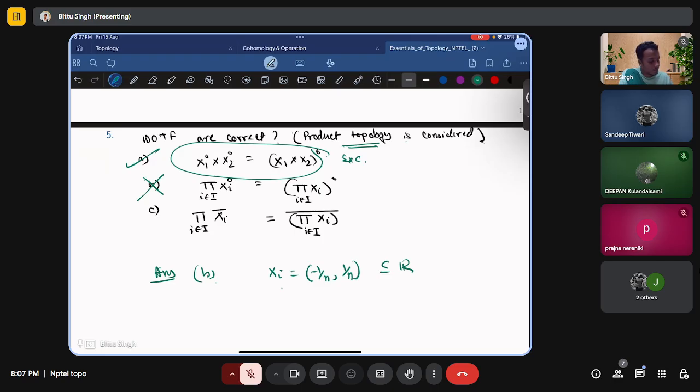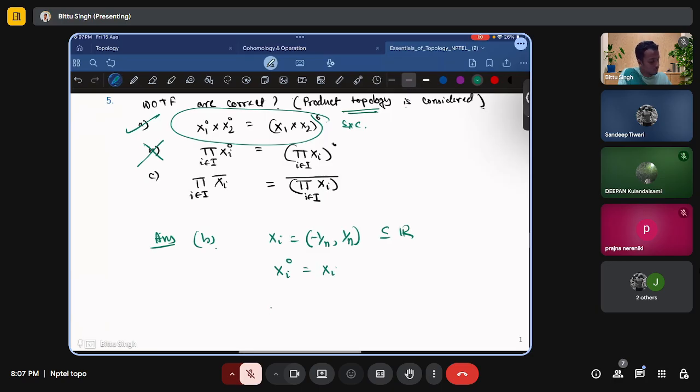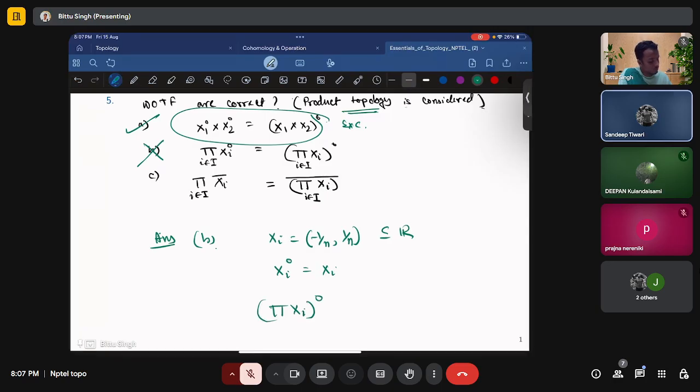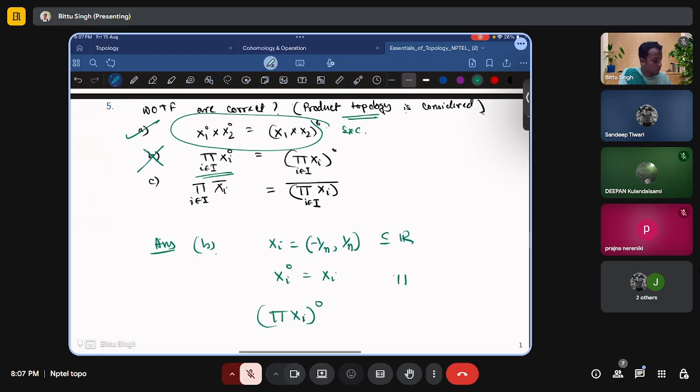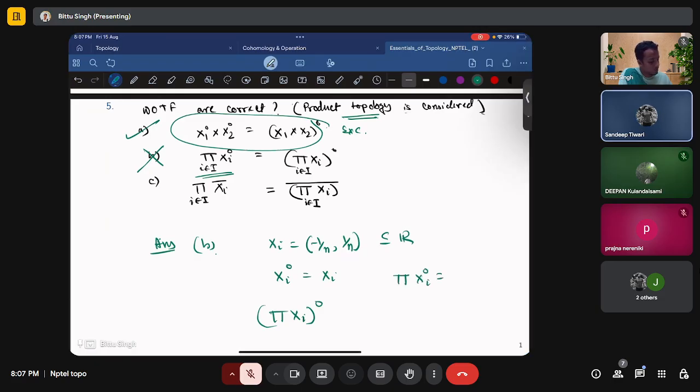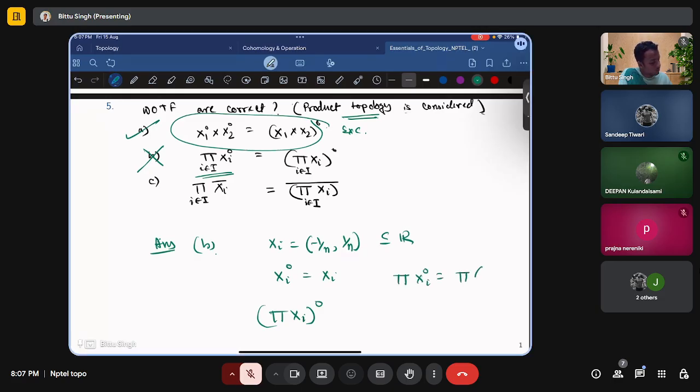It is Xi itself. But for the product of Xi, if we take the product of the interiors, this becomes this kind of thing.